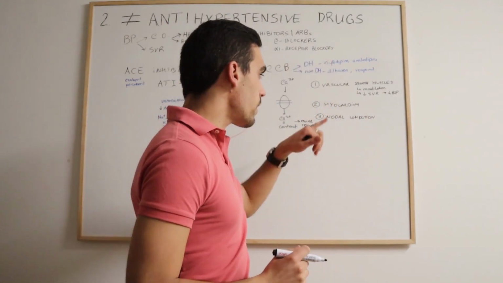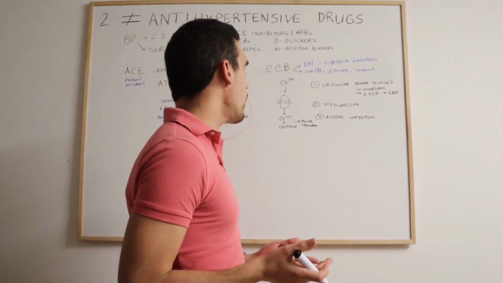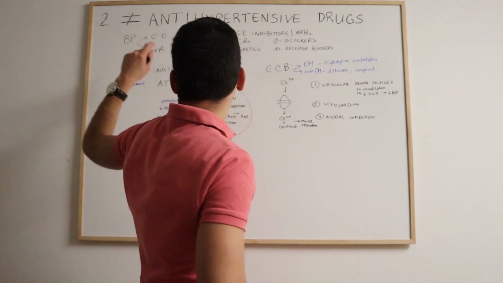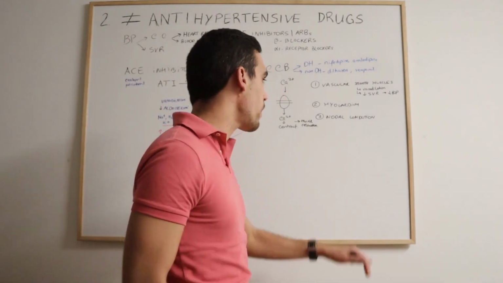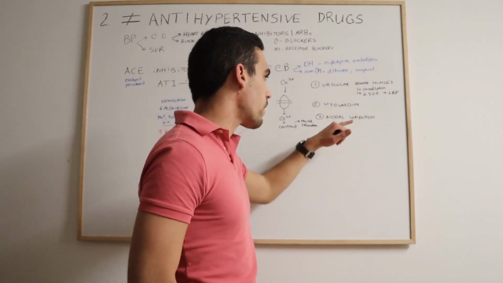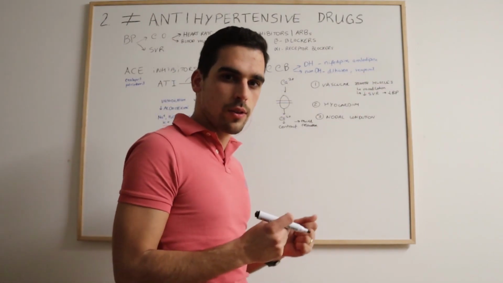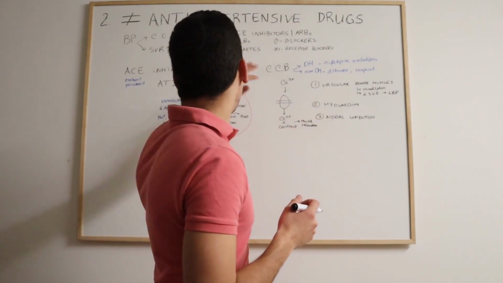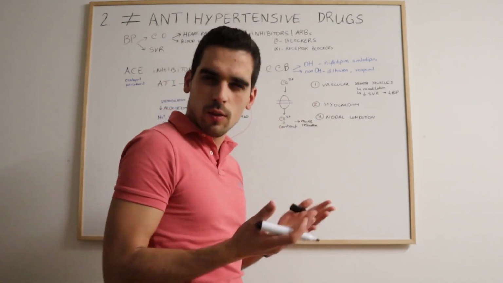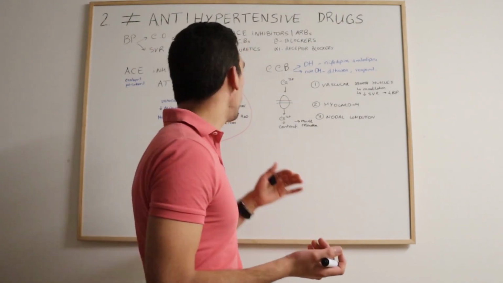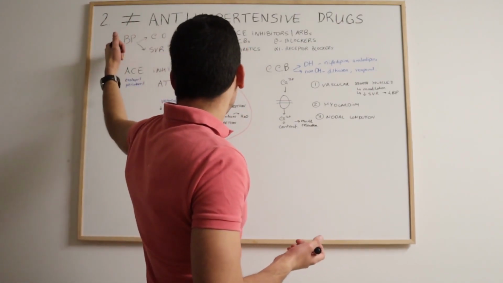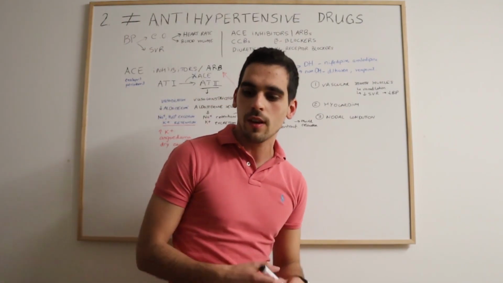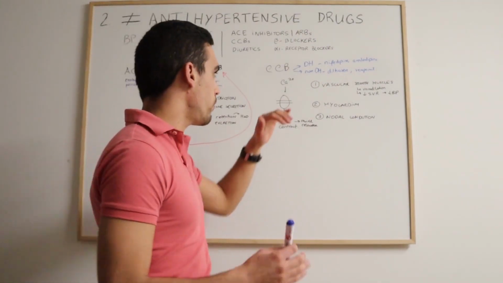Diltiazem acts more on the coronary vasculature, so it decreases the heart rate, and if the heart rate is decreased, then the blood pressure is decreased as well, whilst verapamil acts more on the nodal conduction, so it blocks the system that makes the heart pump. So basically it reduces the heart rate. It's called a negative inotropic effect. So our cardiac output is reduced and our blood pressure is reduced as well. That's pretty much their mechanism of action.